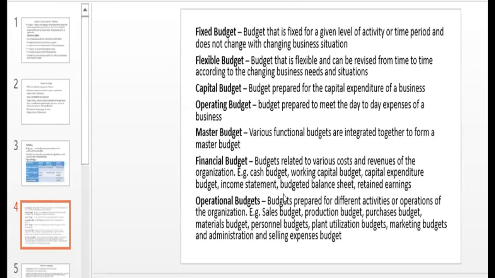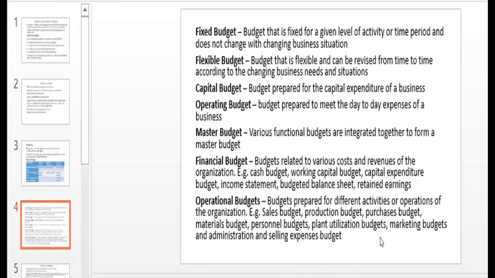We can prepare a pro forma income statement based on the budget figures, so that we can anticipate what profit we are going to make. So this is where we'll need to use the CVP analysis, one of the topics that you're going to do later on, and it will help us come up with the pro forma budgets in terms of income statement, so that we can plan for the profits that we need to achieve.